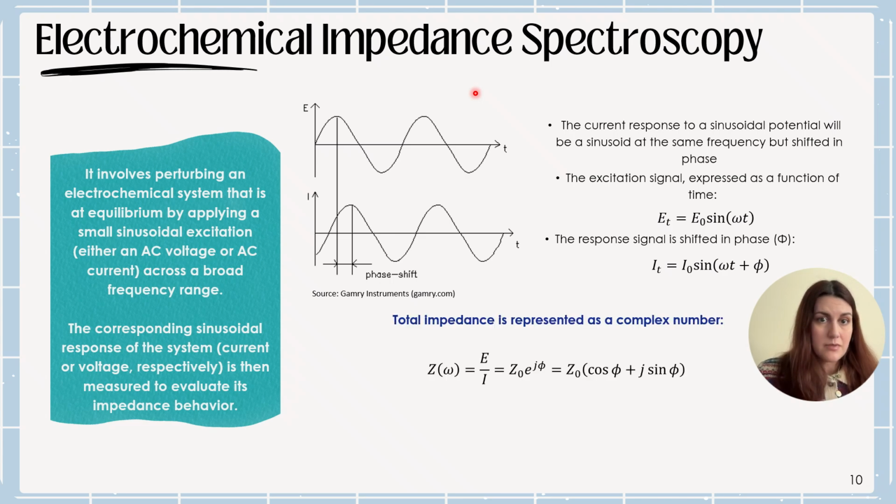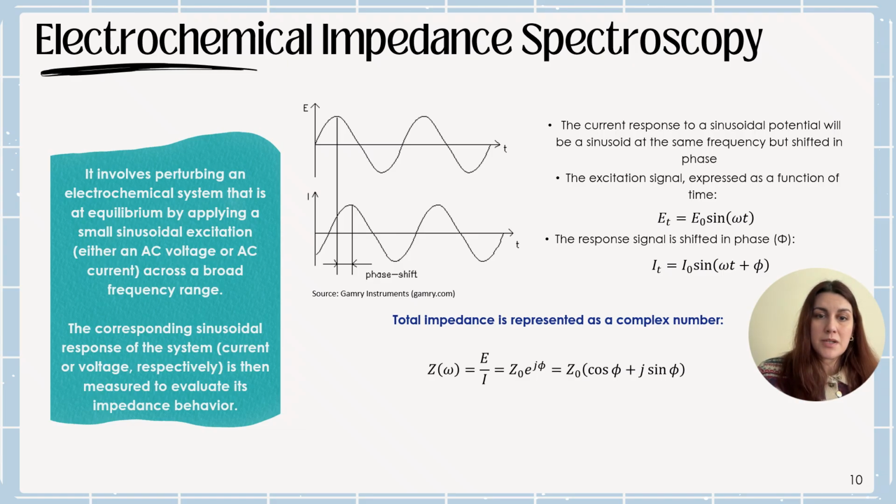To describe this behavior mathematically, the total impedance of the system is represented as a complex number, and as shown in the equation here, impedance can be written based on that. In this expression, the impedance contains both a real component associated with resistive processes and an imaginary component which reflects capacitive or diffusion related effects.